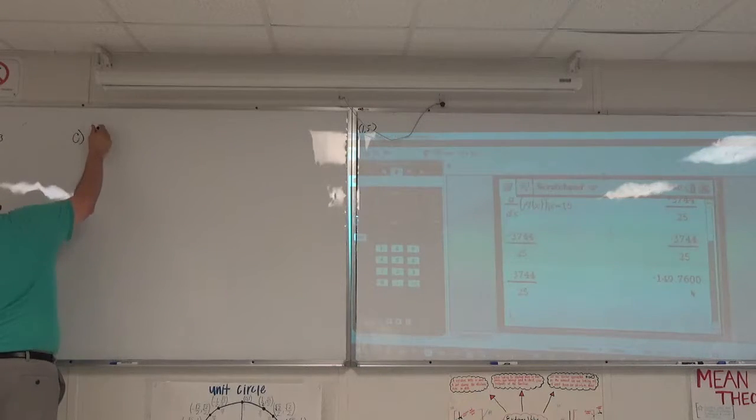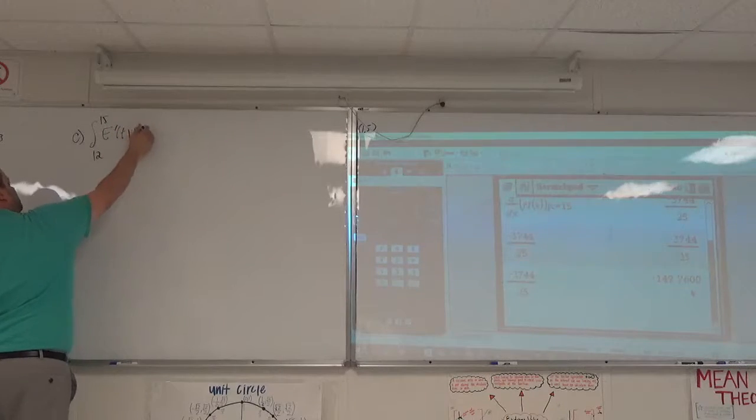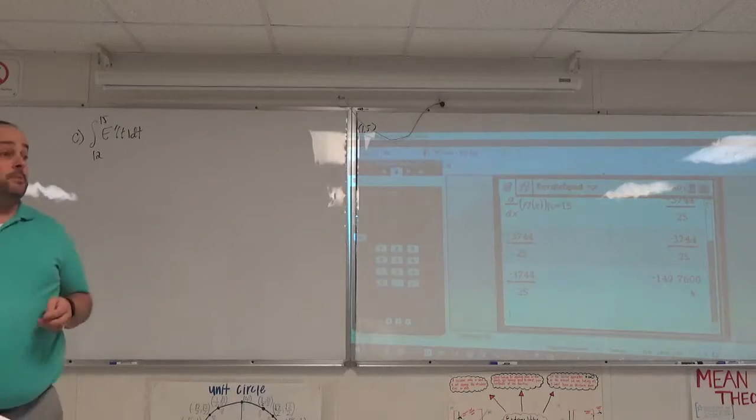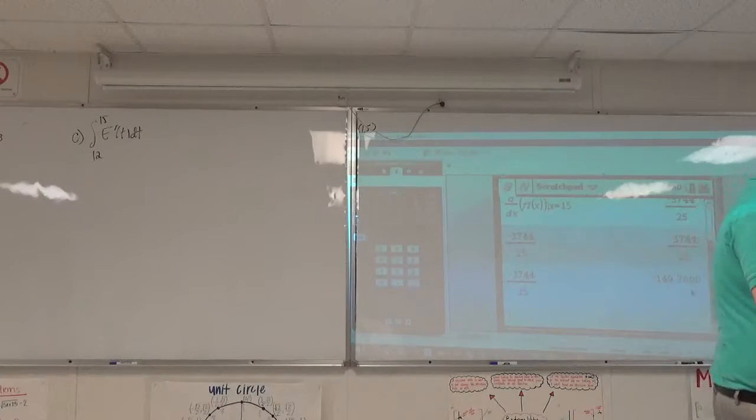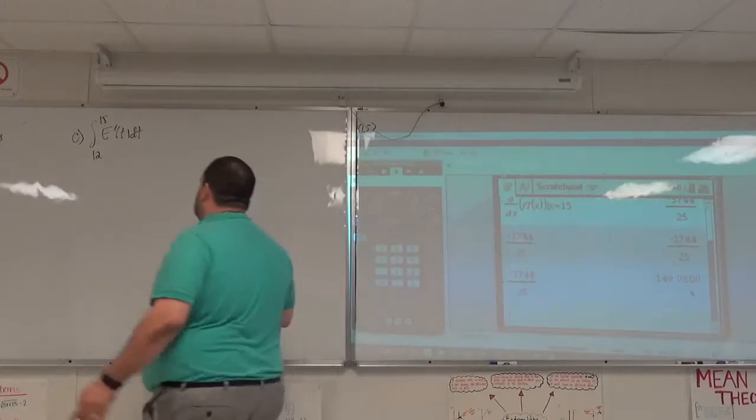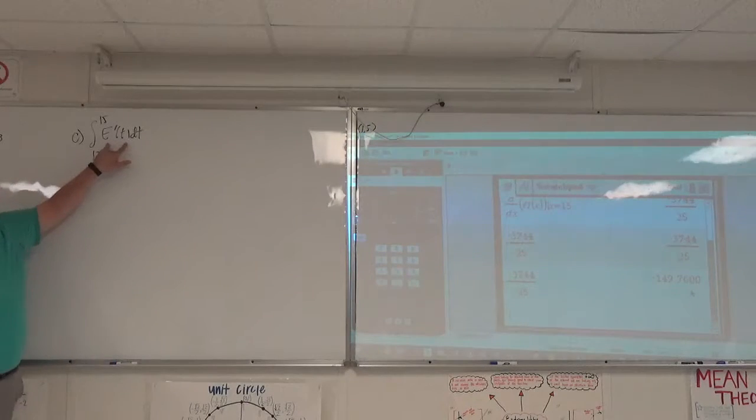Great. All right, so the integral from 12 to 15 of E prime of t dt, a couple of ways to think about this. One way would be the fundamental theorem of calculus. We know that E is the rate at which they're entering.